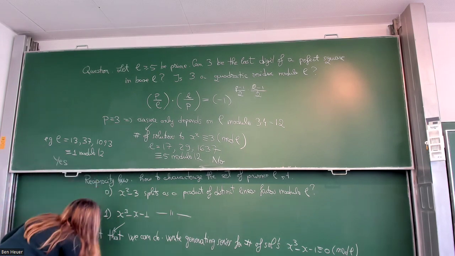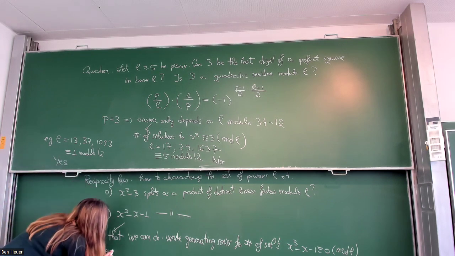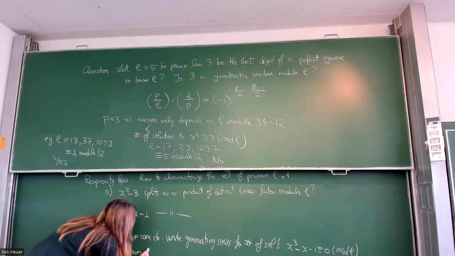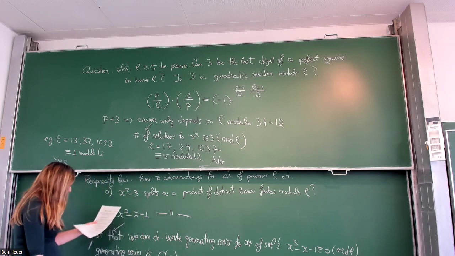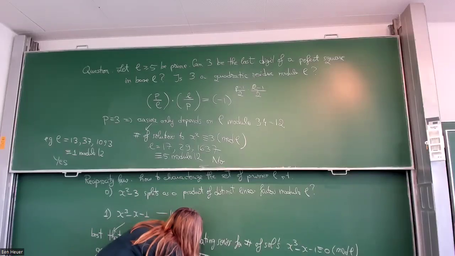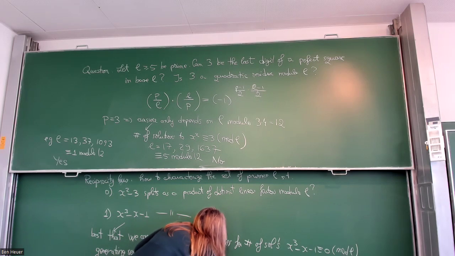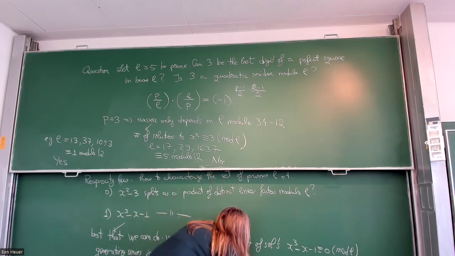And so I claim, this is much harder to see. You cannot just deduce it by elementary methods, but I claim that the generating series in this case is given by Q times the product from 1 to infinity of 1 minus Q to the n, 1 minus Q to the 23n.